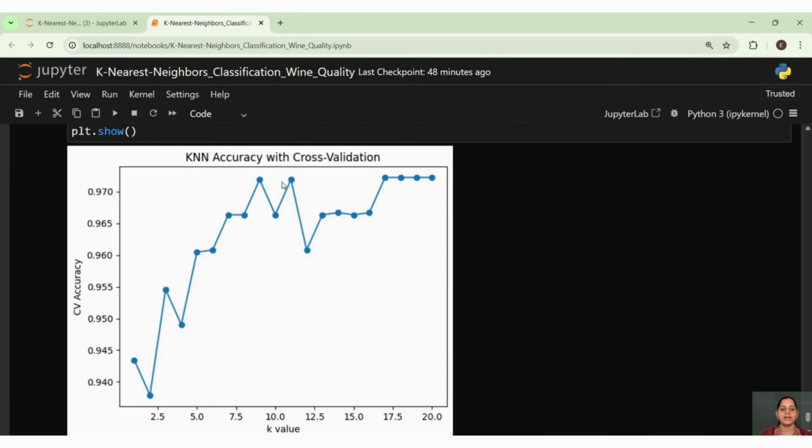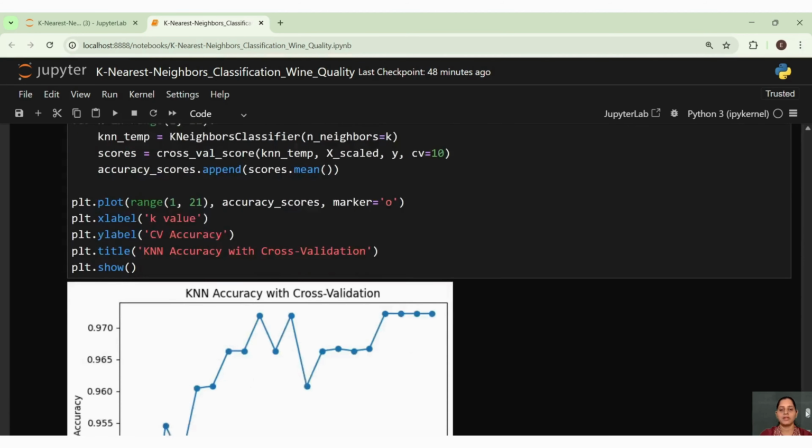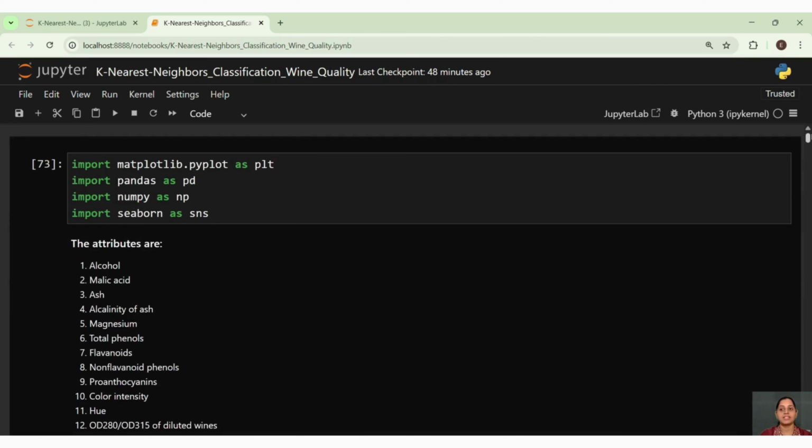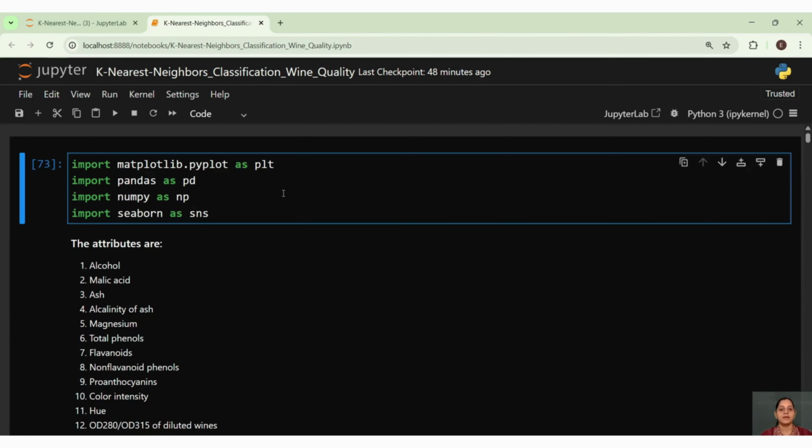We have taken k as 11, and that value we are getting almost good here, right? So this is how we can understand our prediction. And if you want, you can go ahead and create a plot between your errors, or I can say the residuals, and the actual outputs.